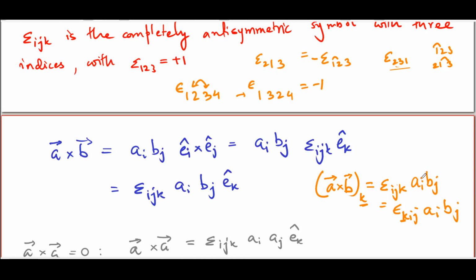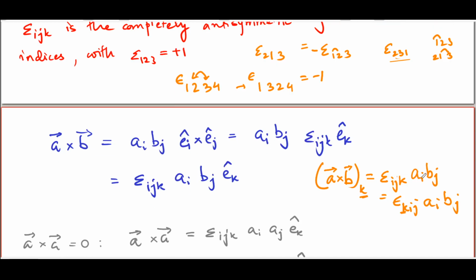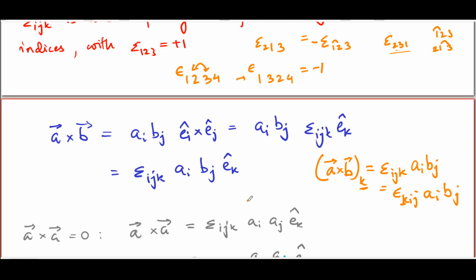Now using this compact notation, let me prove a result which should be very trivial, but the proof actually gives you the inkling of a technique that we will use several times later. A cross A, we all know it should be 0, but let's try proving that using this notation. Of course, A cross A will simply become epsilon ijk a_i a_j e_k.